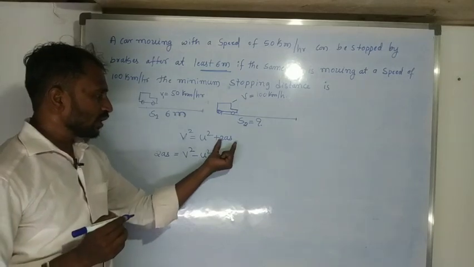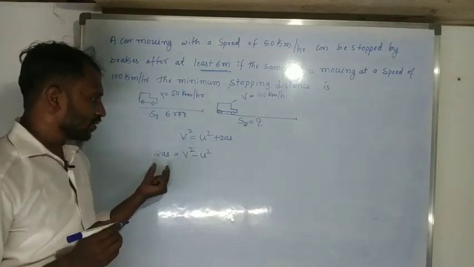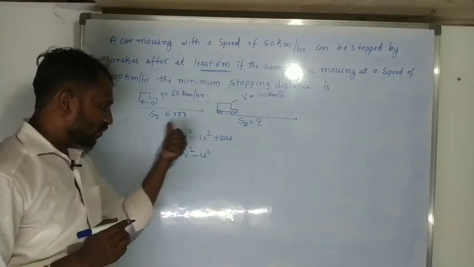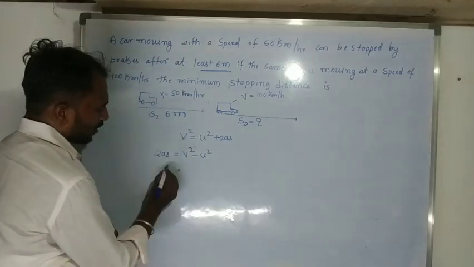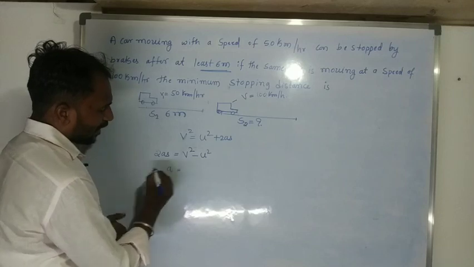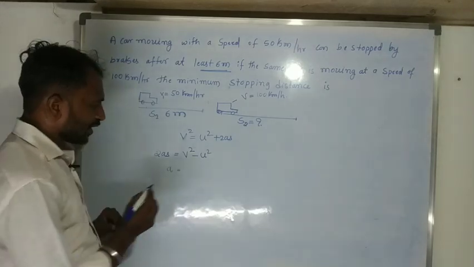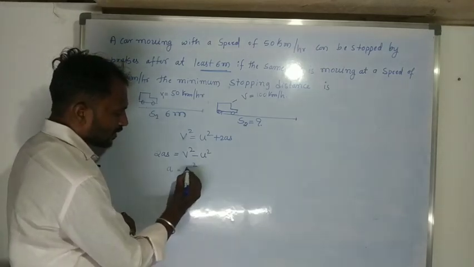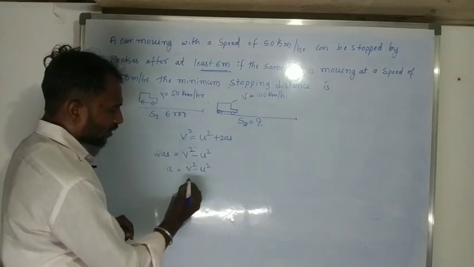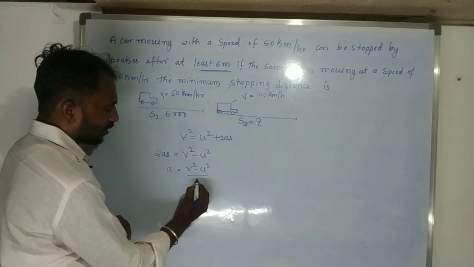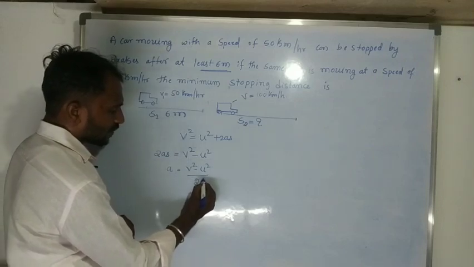So 2as is v square minus u square. So here acceleration A is equal to v square minus u square divided by 2s.